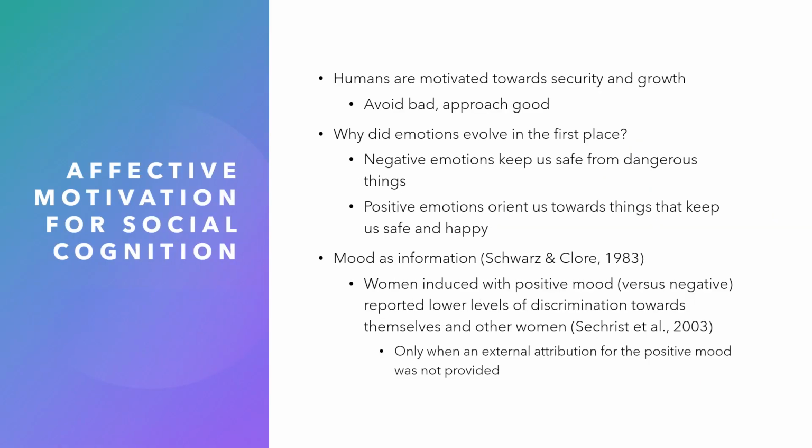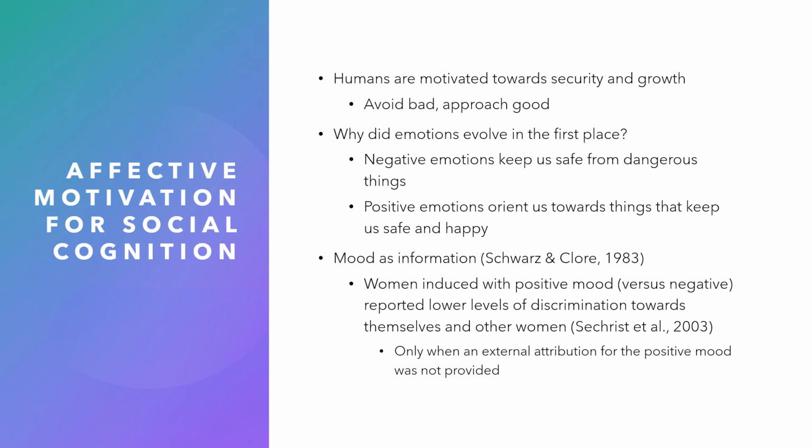Along with our epistemic motivations, we also have affective motivations for social cognition. Recall in our last lecture where we spent a lot of time talking about motivations and social behavior. One of the things we talked about is that humans are inherently motivated towards security and growth, and that we're a bit hedonistic, right?